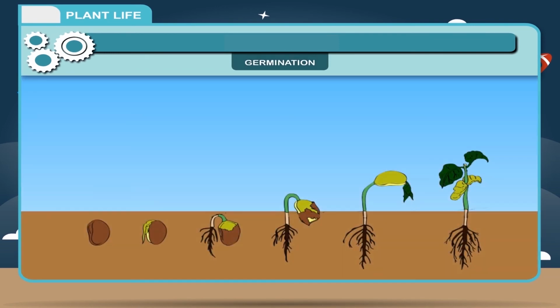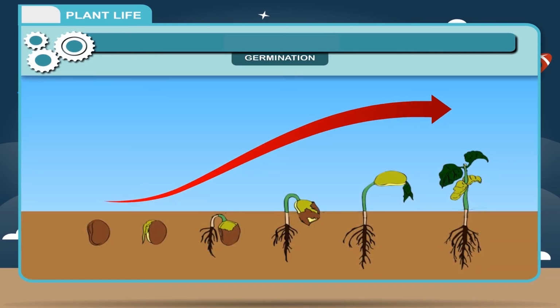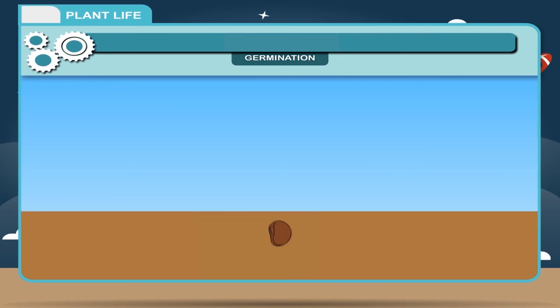Germination. The process by which a seed grows into a baby plant is known as germination. Ideal conditions such as air, water, and warmth are required for a seed to germinate. If seeds are placed in too much water, lack enough air, or do not receive enough sunshine and warmth, they cannot germinate.